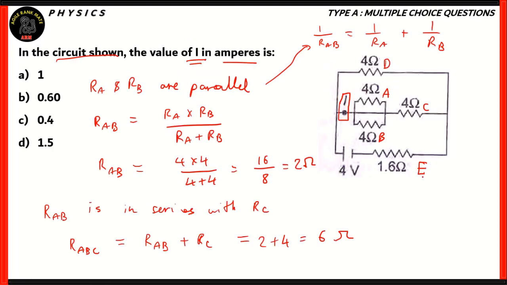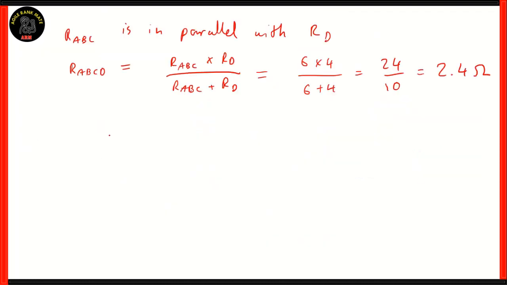Now, finally, we have resistor E. Basically, we found out the total resistance between these 2 points as 2.4 ohms. Now, as the current passes through them and comes back here, it encounters E. So basically, this whole setup is in series with 1.6 ohms, that is resistor E. So we will mention that.